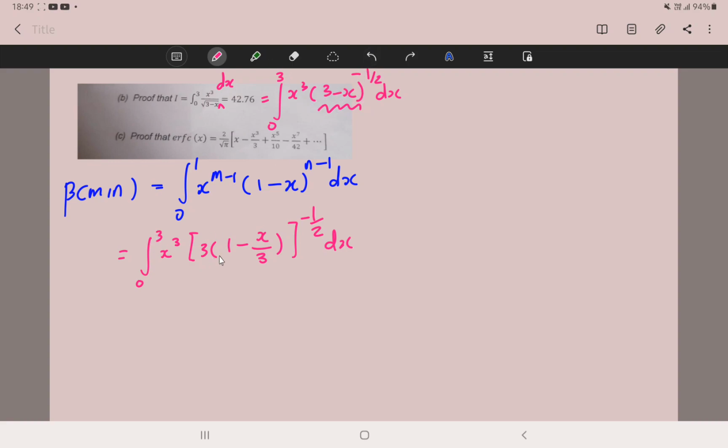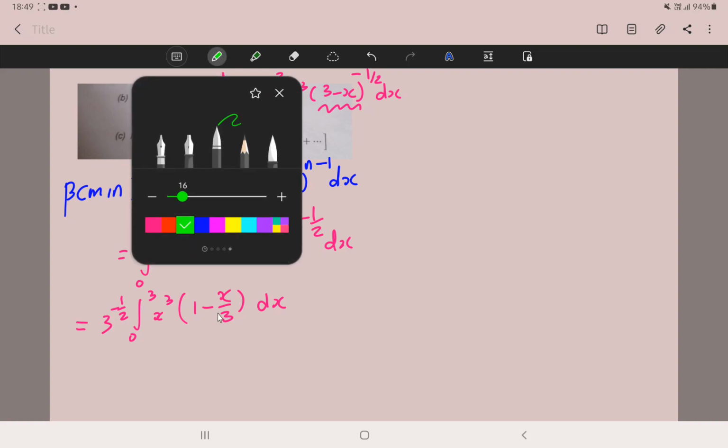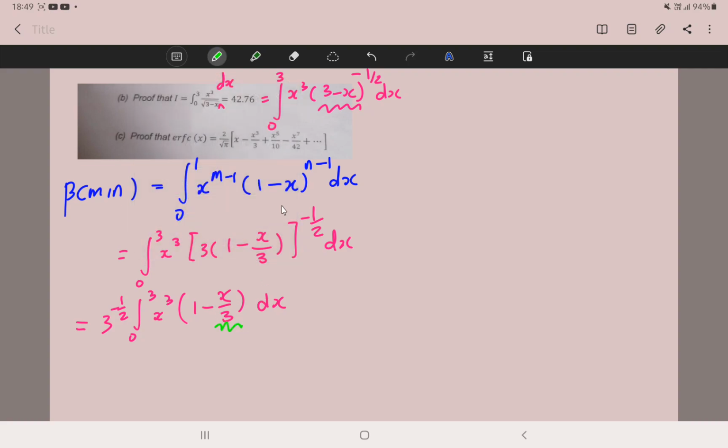Let me bring the 3 in front as a constant: 3 to the power of minus half, integration limit, x cubed times 1 minus x over 3, dx. The only difference is that we have x over 3 here, whereas the general formula doesn't. So we can do a simple substitution.